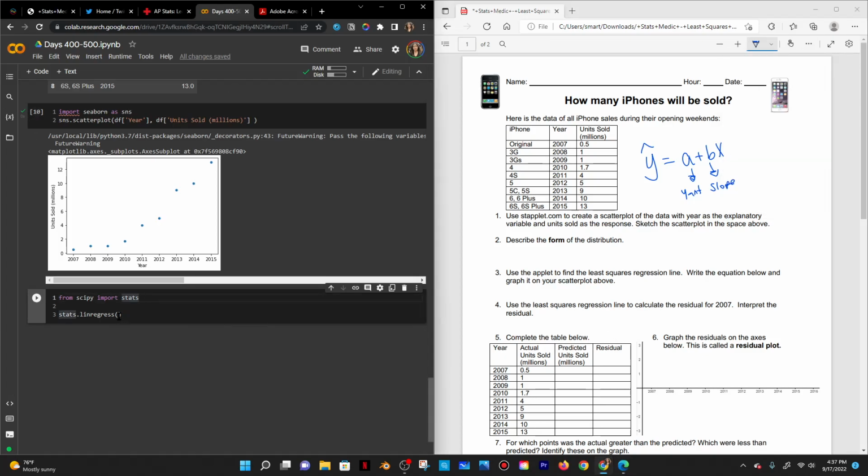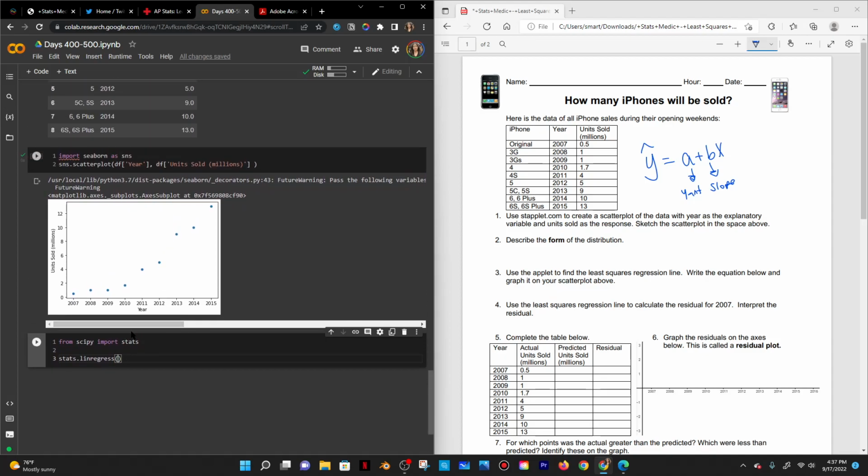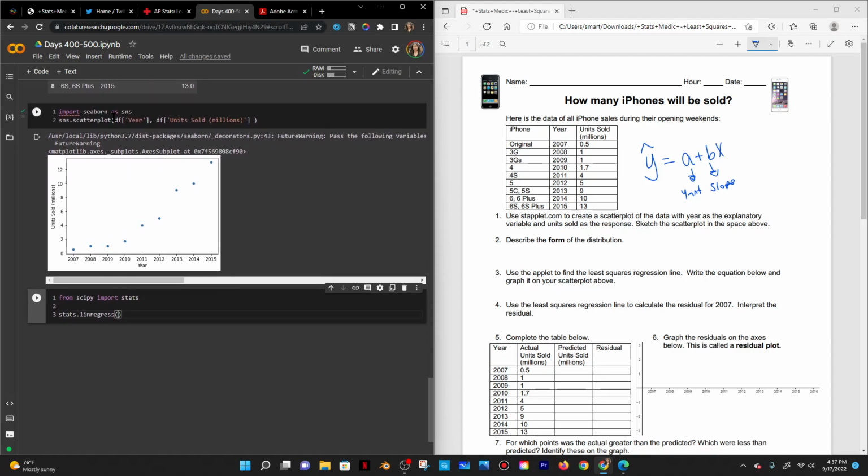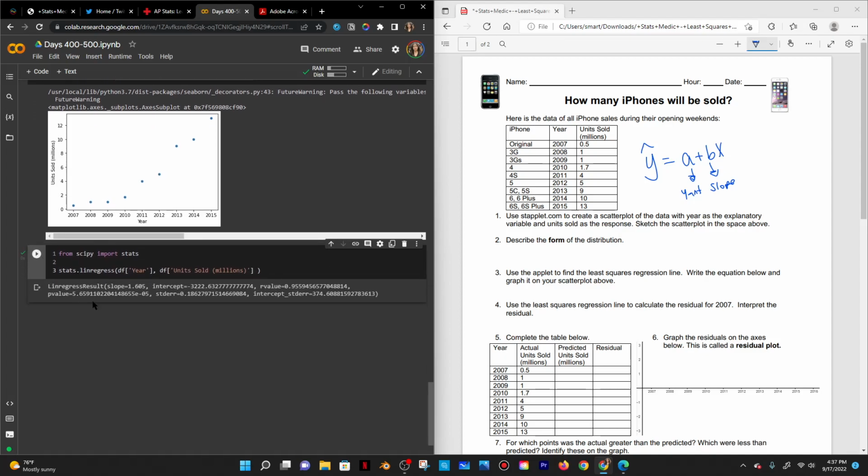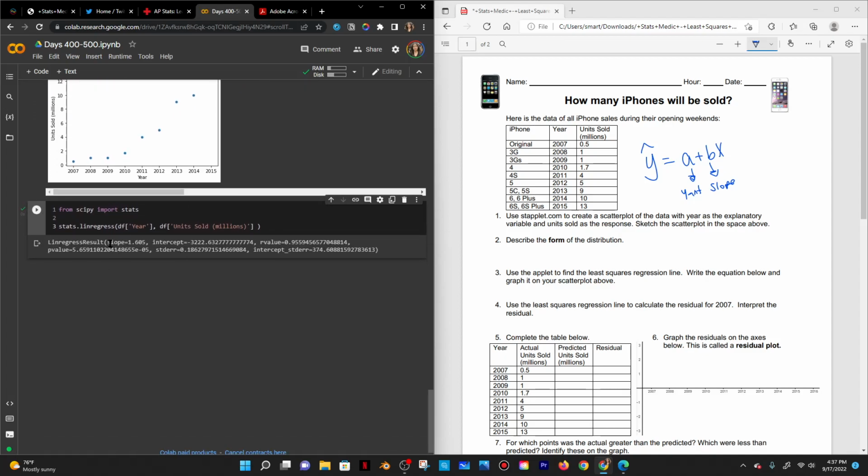So I'll plug in the two things that I need, which is the x and y. I'll copy this, paste that in here, and run that. Here's what it returns: the slope, the intercept, and some other things that we don't really need to look at right now.